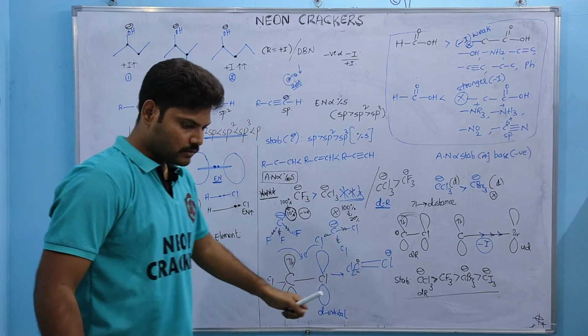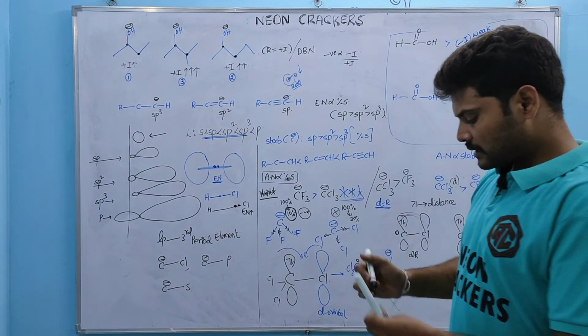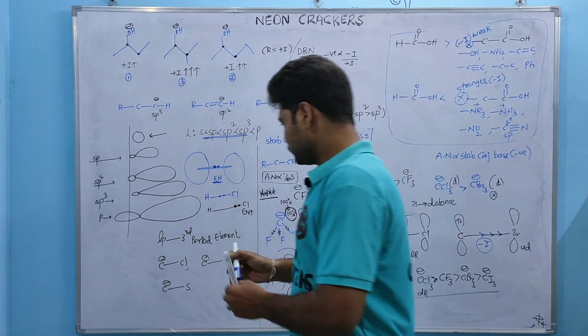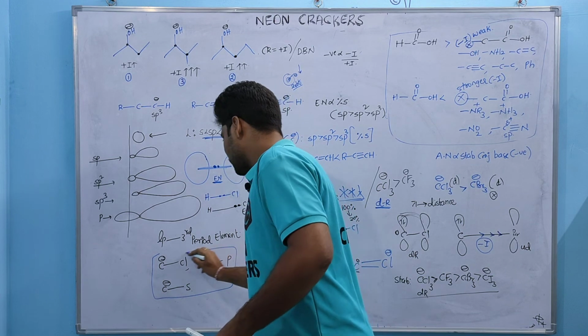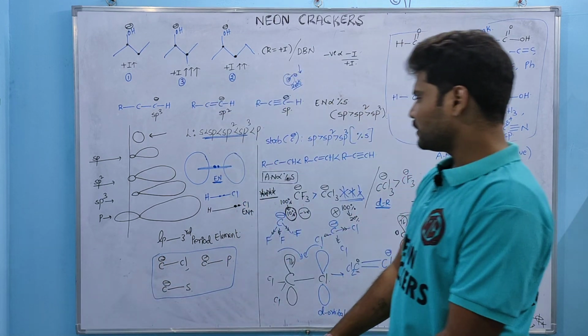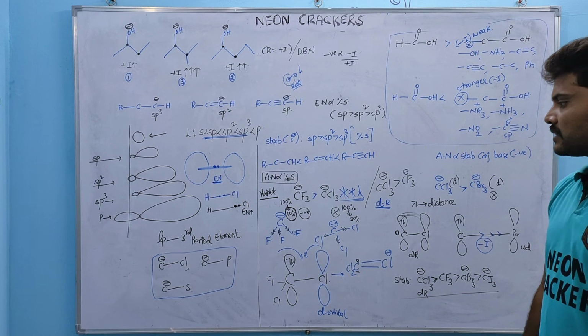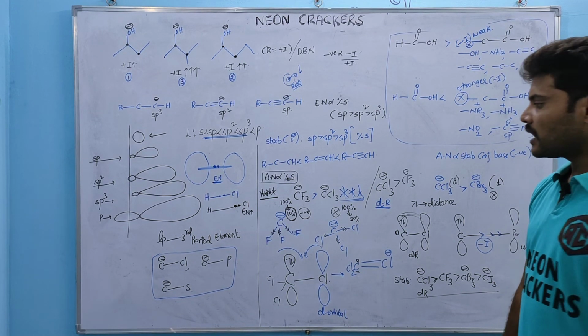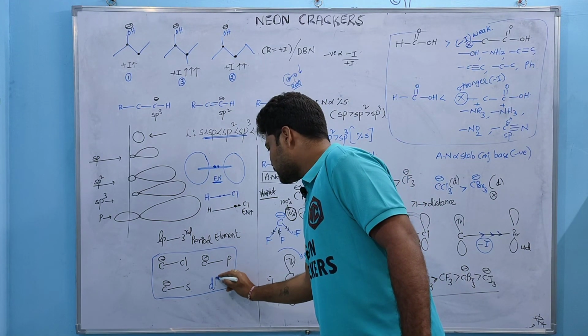Yes, you may observe this one. Empty orbitals are present here. Distance is a factor, distance along with empty orbitals. C-Cl, C-P, C-S. So these all are having what here? d resonance.